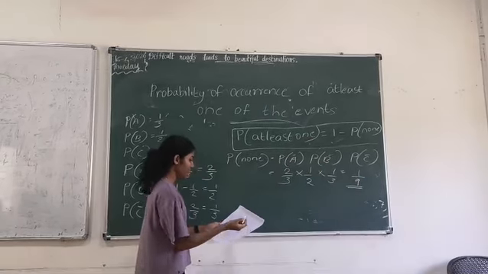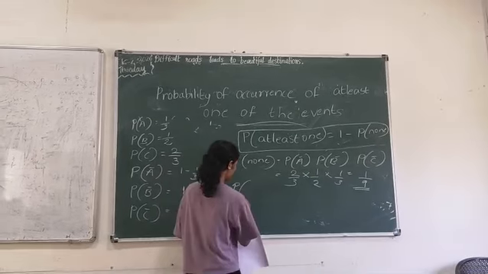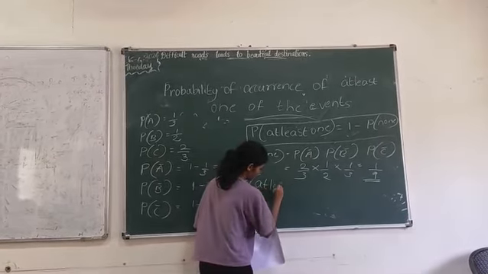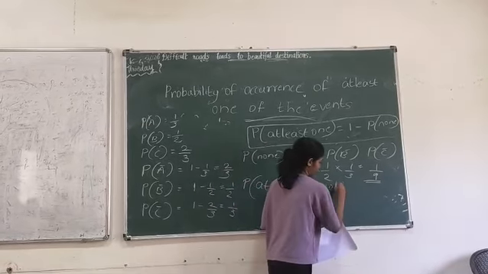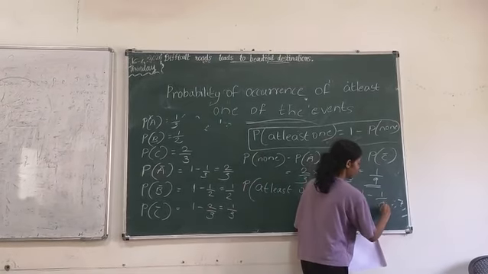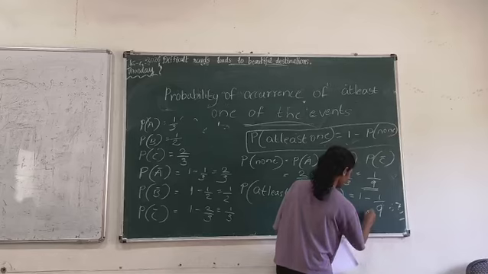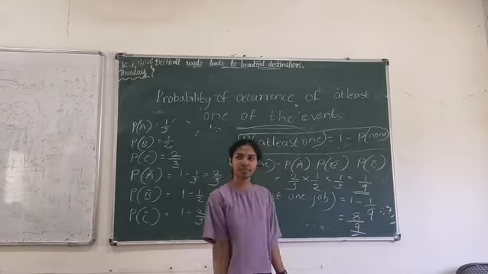So finally we can find the probability that the student gets at least one job equal to 1 minus probability of none, that is 1 minus 1 by 9. So the answer will be 8 by 9.